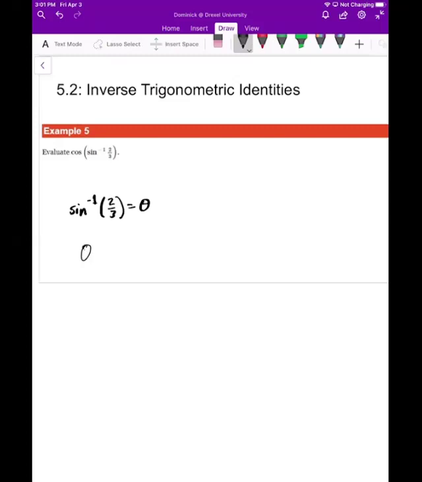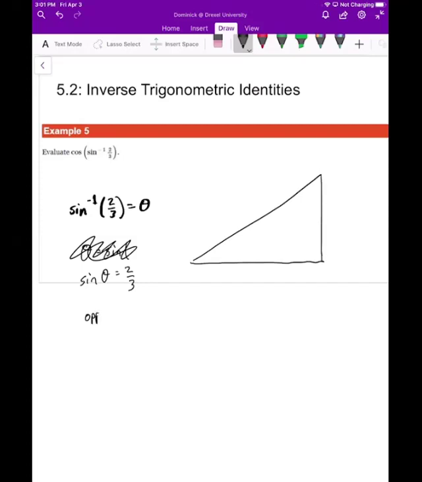Well, that's an angle whose sine is 2/3. Now, what does it mean if your angle has a sine of 2/3? That means that opposite over hypotenuse is 2/3. So if I have an angle here, I can put a 2 here as my opposite side and a 3 here as my hypotenuse. All right.